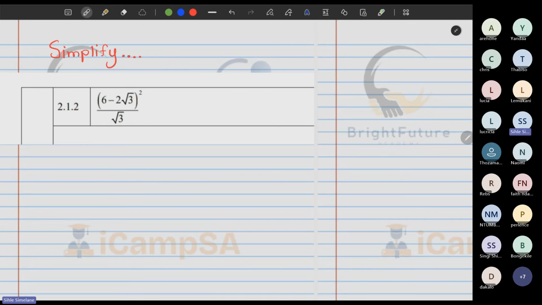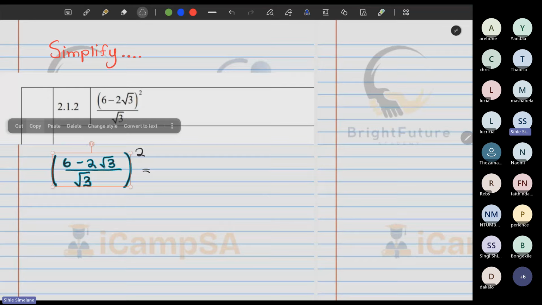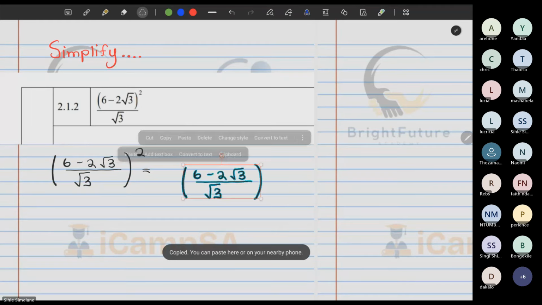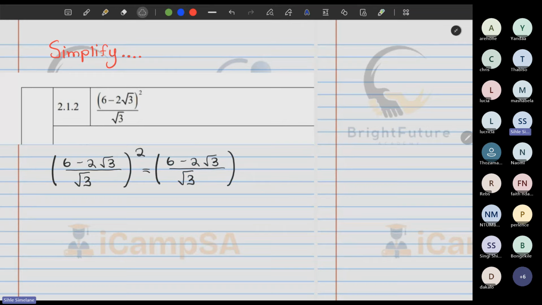So we need to simplify, guys, here. And let's go ahead. So what we have is 6 minus 2 square root of 3, and then divided by square root of 3. Right. And then this is squared. What does it mean? It means we have the same bracket, but 2 of them. What a genius.